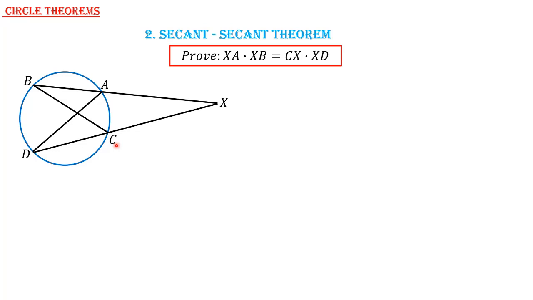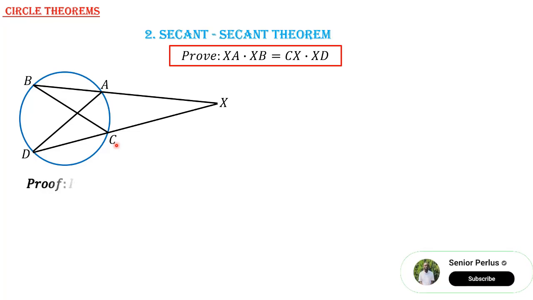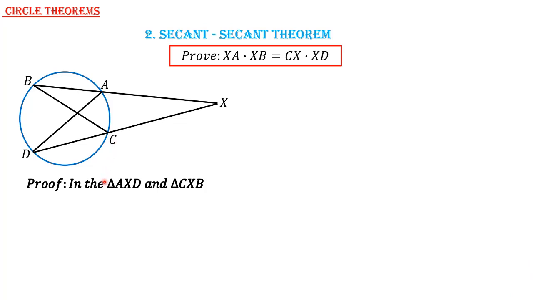That too is also another triangle. So prove in the triangle ASD, that's our first triangle, and CSB, what is there?